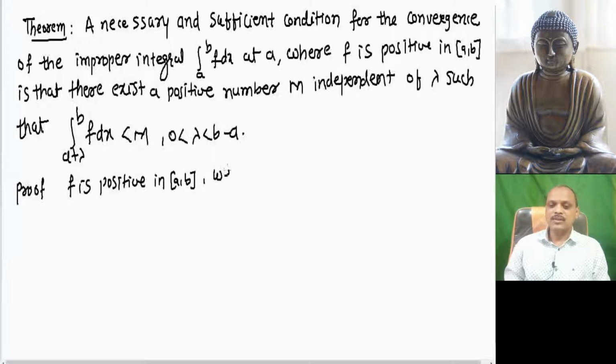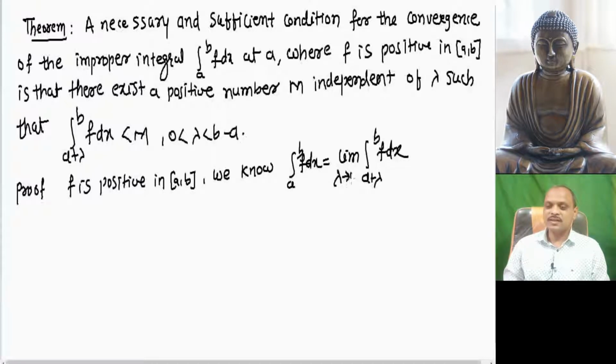Friends, we know that the improper integral from a to b of f dx exists if the limit of the integral from a plus lambda to b of f dx, as lambda tends to 0 from the right, exists and is finite. If this limit exists and is finite, we say that the improper integral converges.